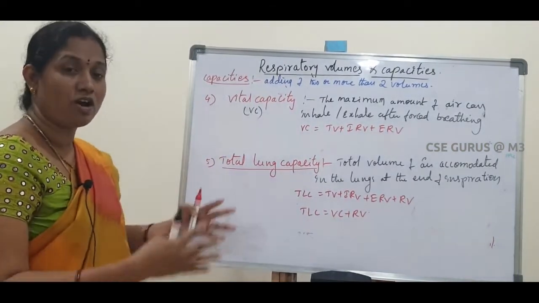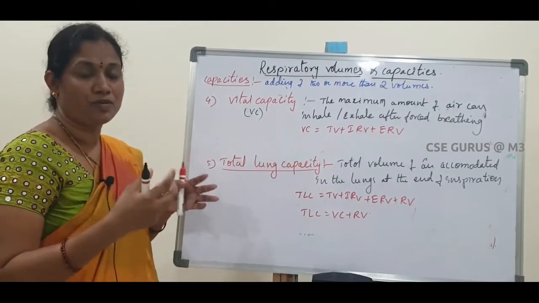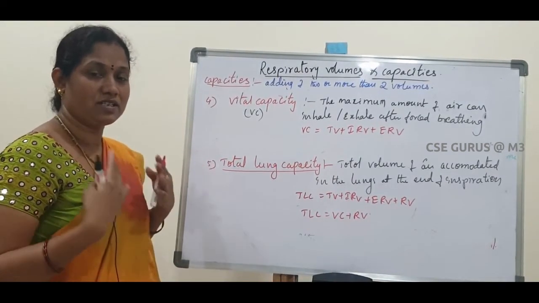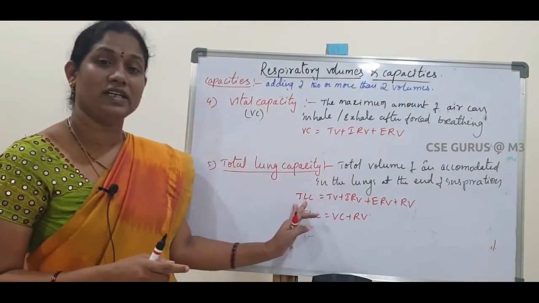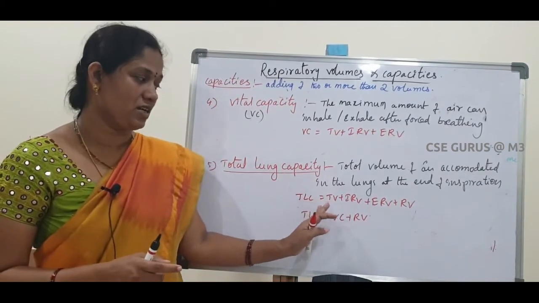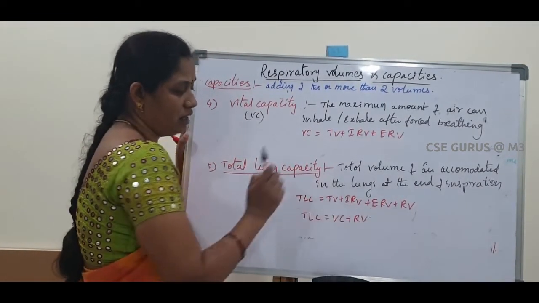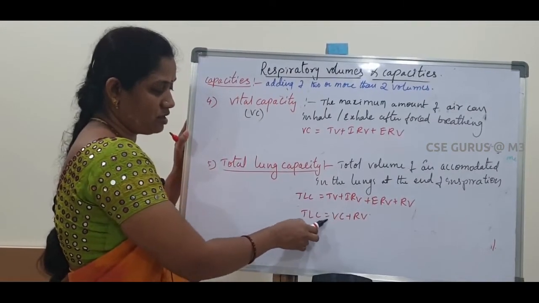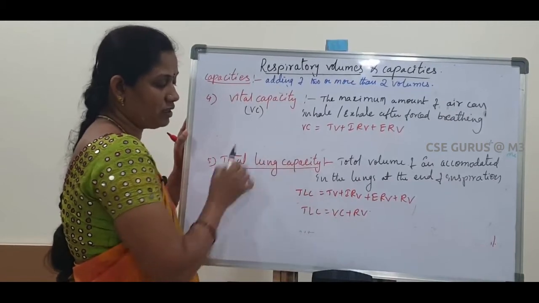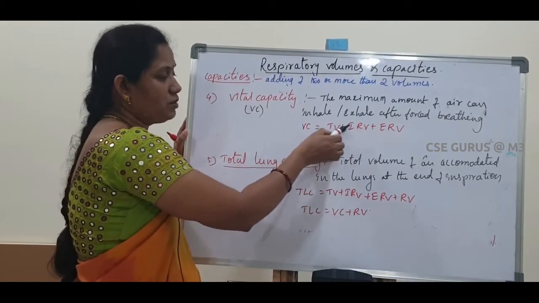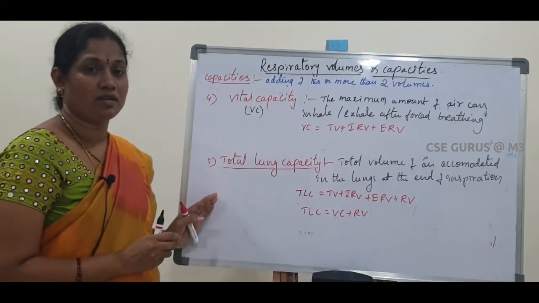During inspiration, how much air can we hold in our lungs? That is called TLC, total lung capacity. It is TV plus IRV plus ERV plus RV. We can also write it as TLC equals VC plus RV, where vital capacity means TV plus IRV plus ERV. So these are the capacities.